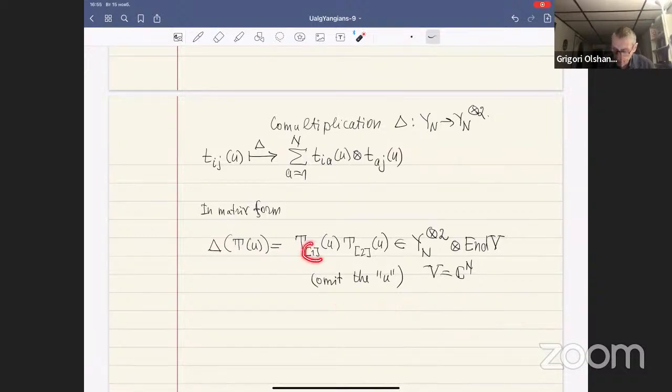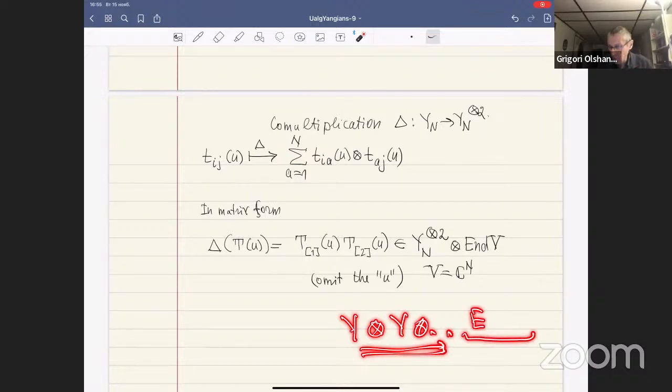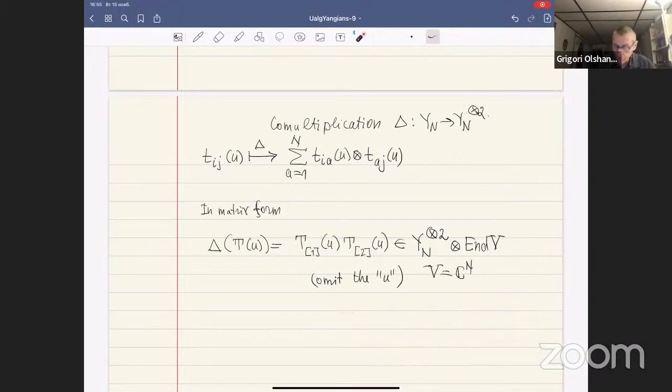The indices in brackets refer to the copies in the product of the Yangians. And the second index corresponds to copies of this object. So here the sign is omitted because it is implicit in this notation.